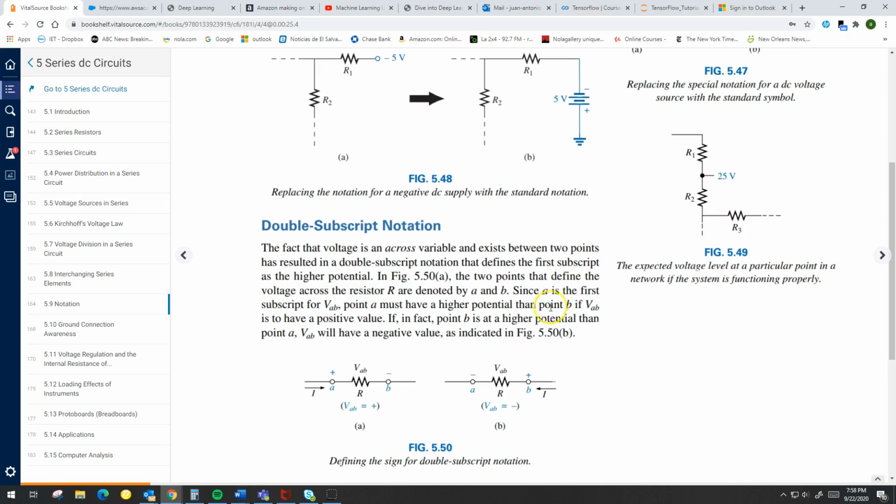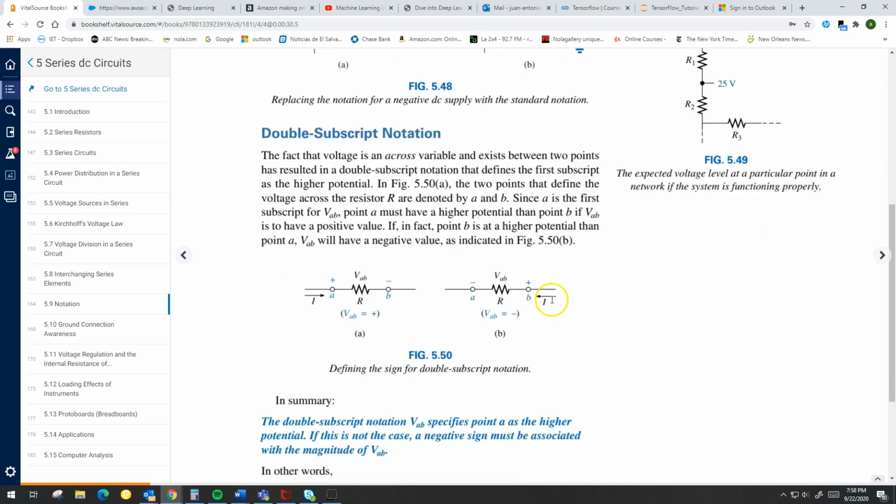All right. The other thing we're going to be looking at is what we call double subscript notation. This is where we have voltages, and we want to make sure that we know the signs associated with each side of the connection, right?